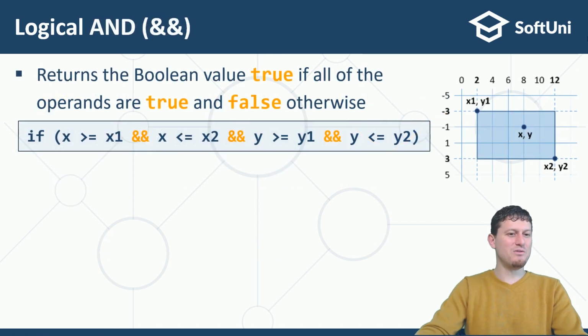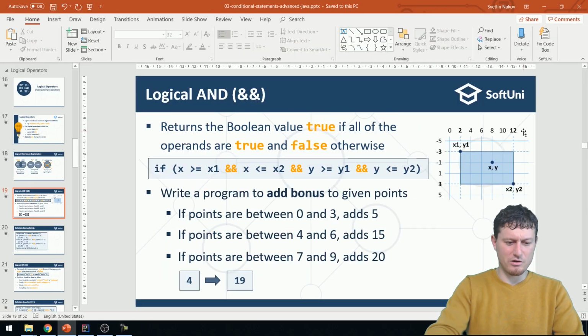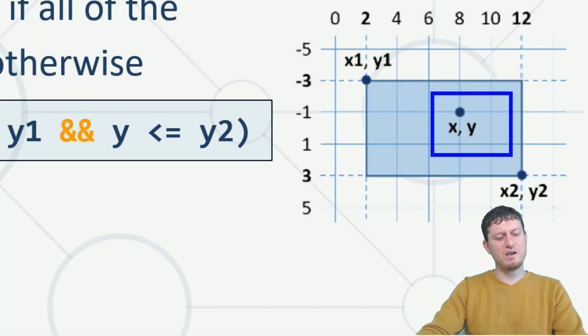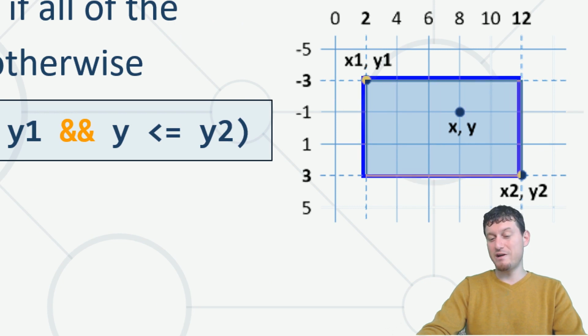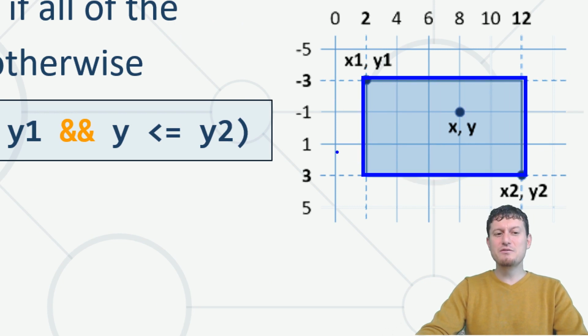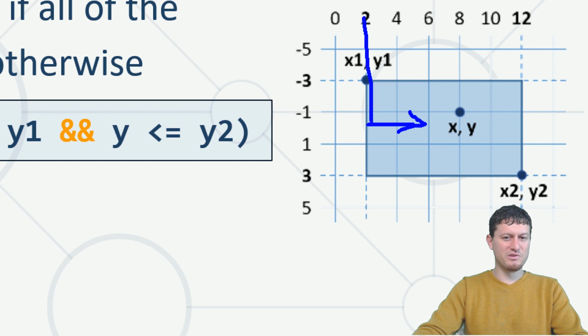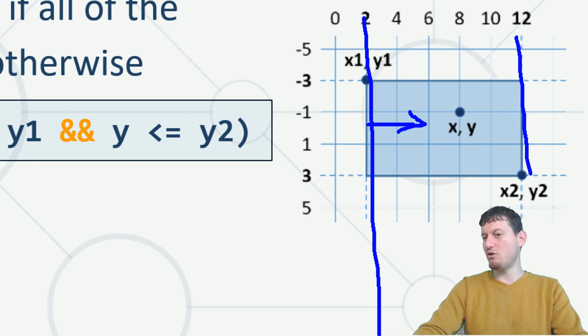This is an example of a Boolean expression which returns true if all the operands are true. Assume this problem here. I have a point x, y, and this point is inside this rectangle if 4 conditions are true at the same time. It is on the right of x1. It is on the left of x2.